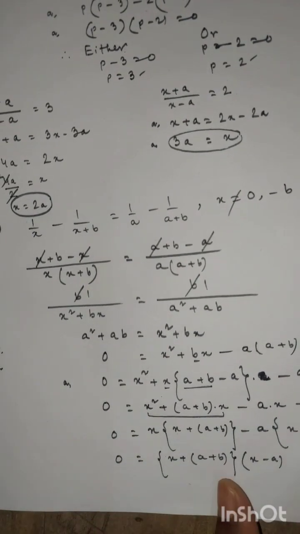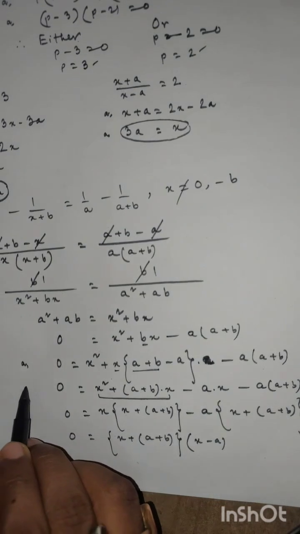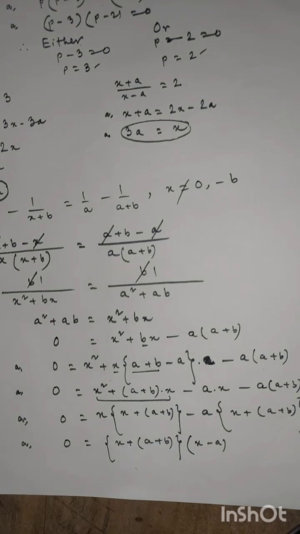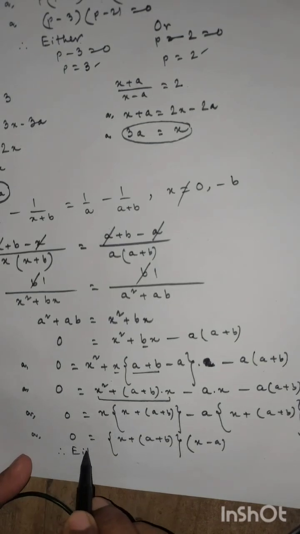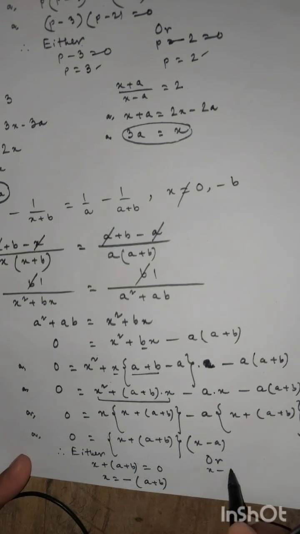Or now we can write either x plus a plus b equal to 0, so x equal to minus (a plus b), or x minus a equal to 0, so x equal to a.